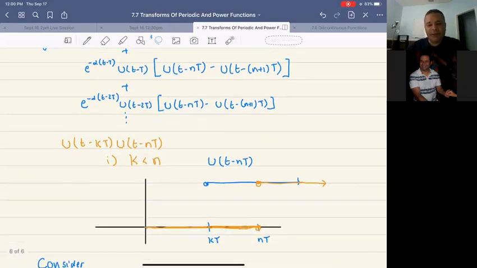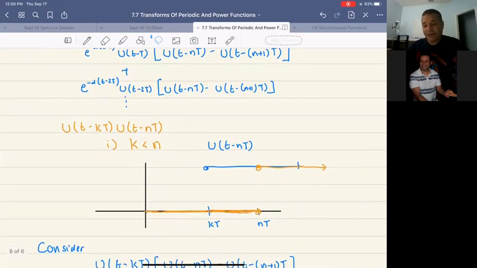I'm going to talk about what happens when you multiply two step functions together. It's not actually too crazy. If I take u of t minus kt times u of t minus nt, and let's just take k being less than n, then we're really actually going to be left with just the larger one.